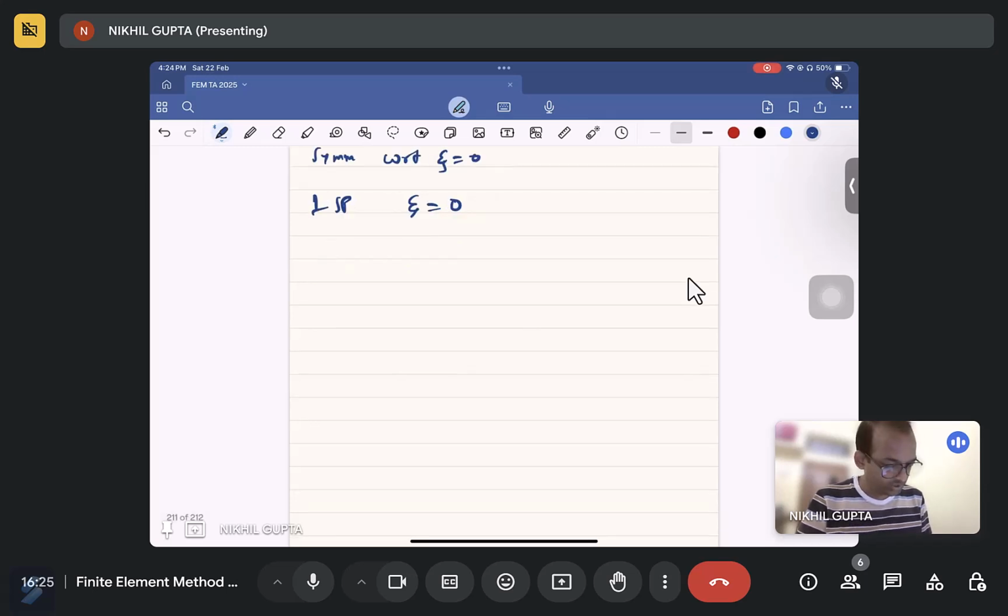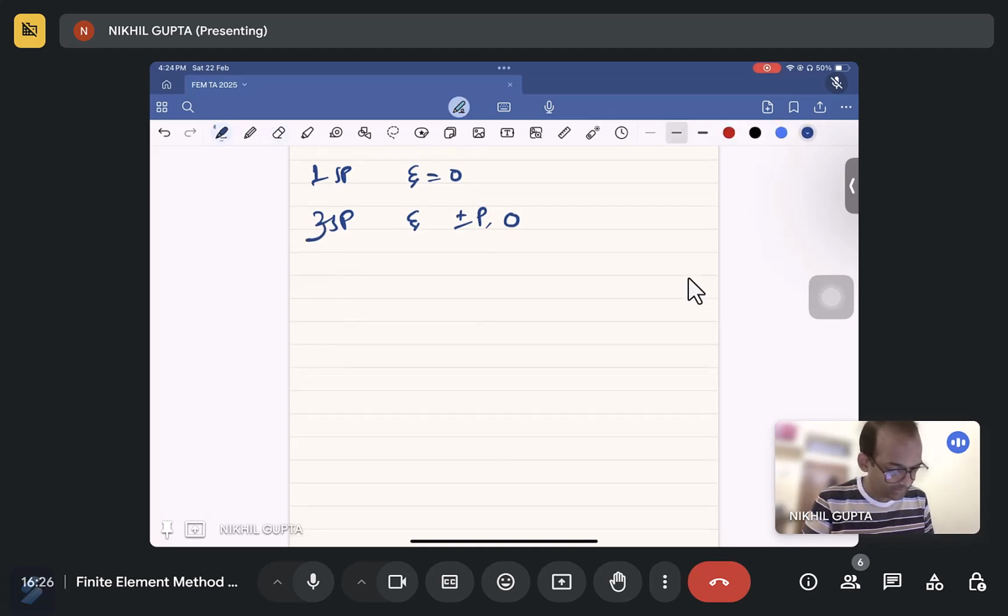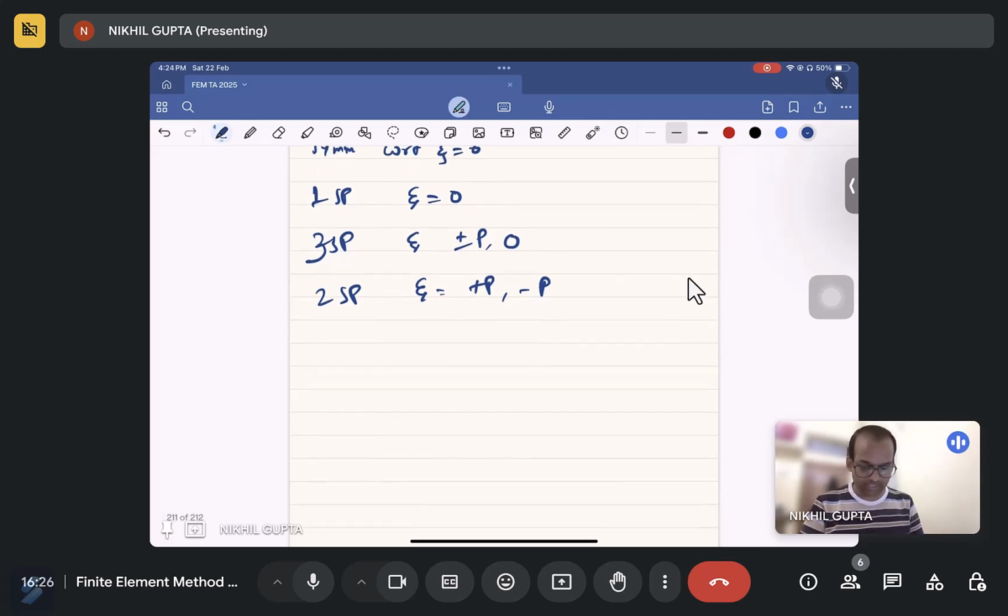If you are using a 3 point sample, it will be plus minus p and 0. If you are using two sample points, then xi will be plus p and minus p. This p is also computed on the basis of how many points you are using.